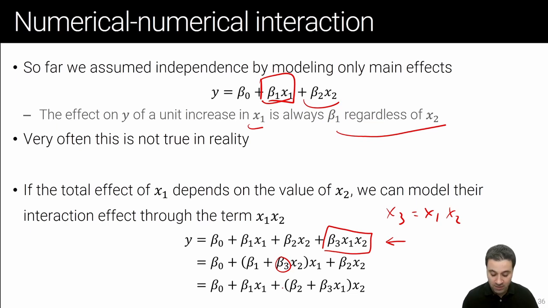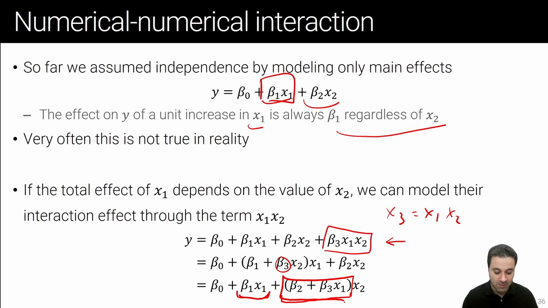And vice versa. The main effect of x1 is over here, all the same. But now the effect of x2 is beta 2, what we had earlier, plus a certain effect given x1. So a certain interaction between x1 and x2. The overall total effect of x2 depends on the value of x1. This is precisely the interaction.